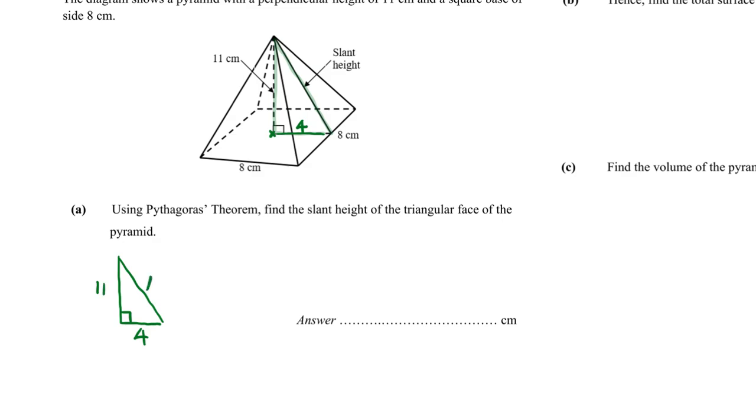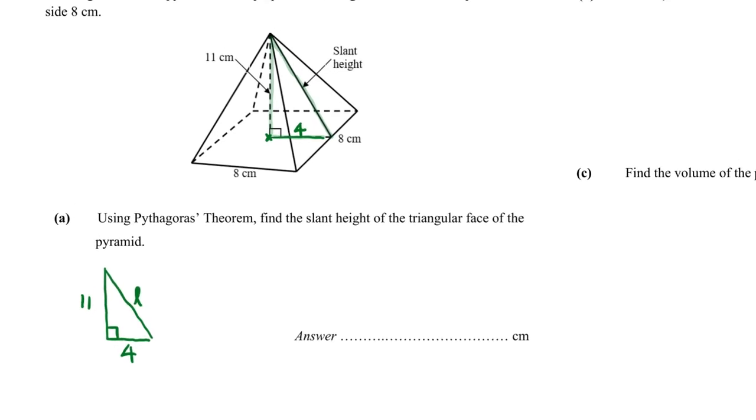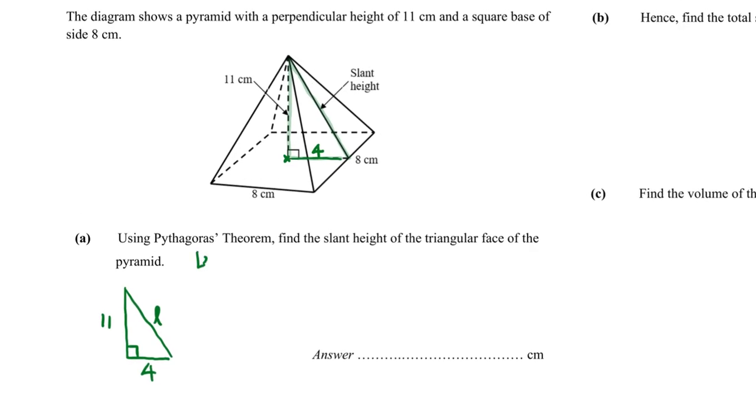And so we are going to let L be the slant height. It will be good to let people know that we are letting L be the slant height, so that we can tap on our knowledge of Pythagoras theorem like this. And what is 11 squared plus 4 squared? 137.